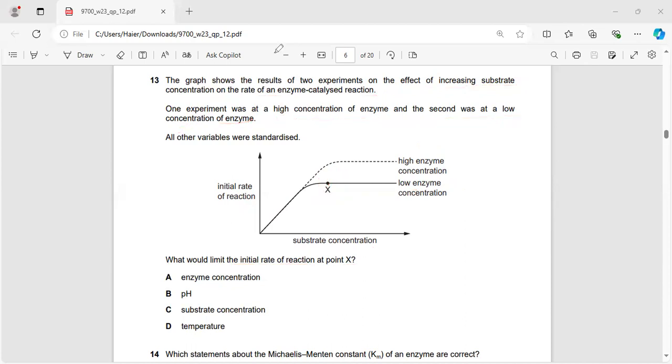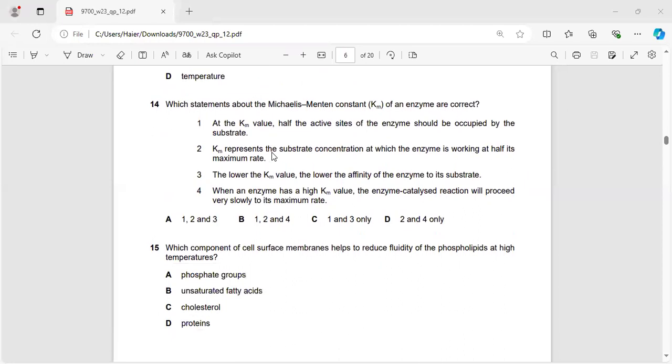Question number 14. Which statements about the Michaelis-Menten constant of an enzyme are correct? At the Km value, half the active sites of the enzymes should be occupied by the substrate. Yes, this is correct. Km represents the substrate concentration at which the enzyme is working at half its maximum rate.